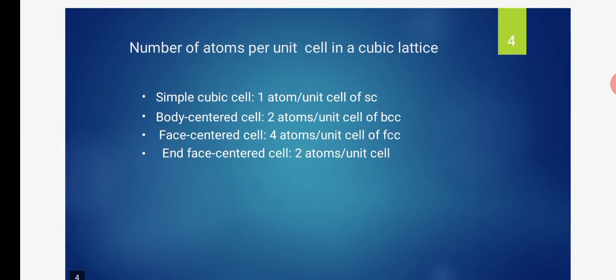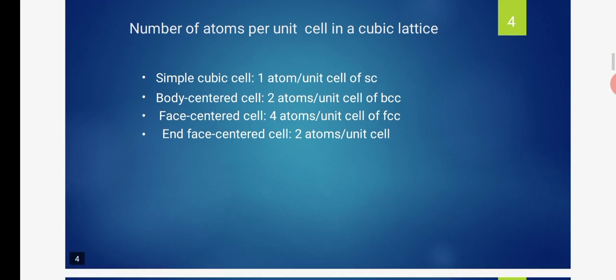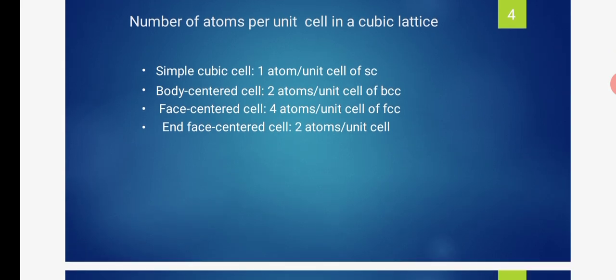Okay. Now, how to calculate how many atoms are contributed for simple cube, body centered cube, face centered cube, and end centered cube. Here I have shown the simple cubic cell.